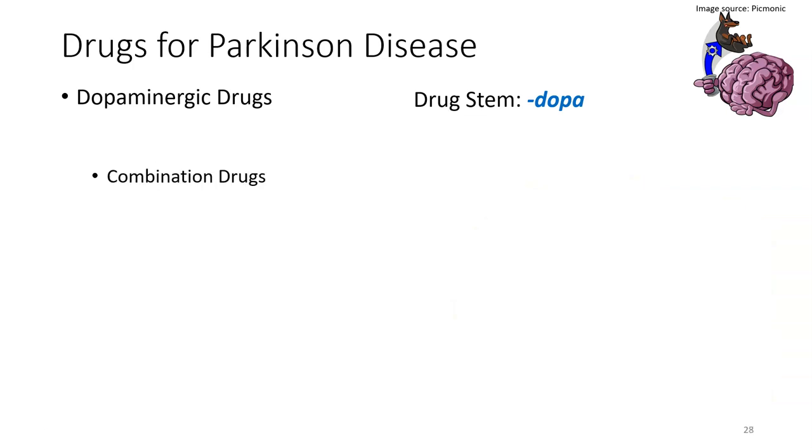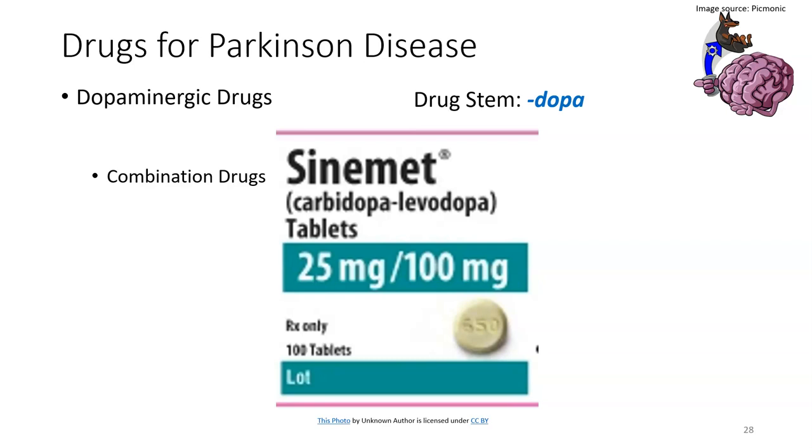Now, most often we're going to see carbidopa and levodopa together as a combination drug, and that combination drug, the most common brand name is Sinemet. So it's a combination of carbidopa, levodopa, and it's going to list out the strength of each of the drugs included in the combination. It comes in many strengths, so we have to know exactly which one the patient is receiving.